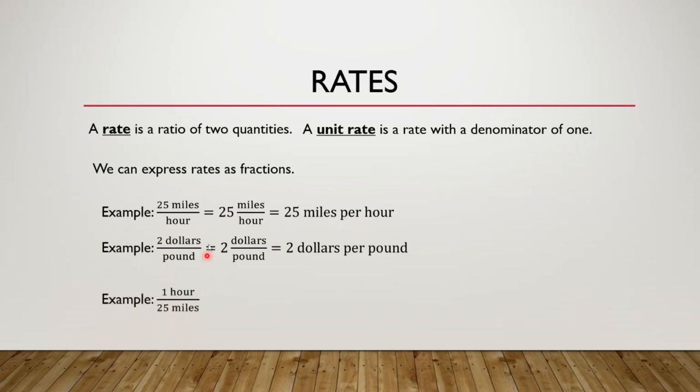Good. Okay. Here's another one. You can actually invert either rate. I did the first one, 1 hour per 25 miles. And we get another rate. It's not a unit rate anymore because the denominator is not 1. It's 25 miles. So we don't have a unit rate, but we have a rate though.